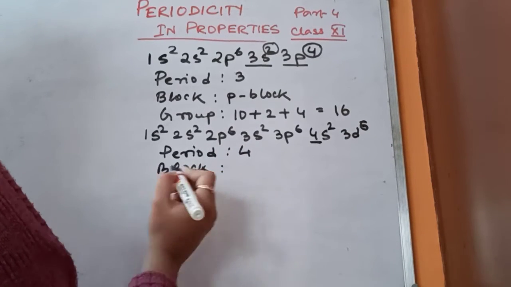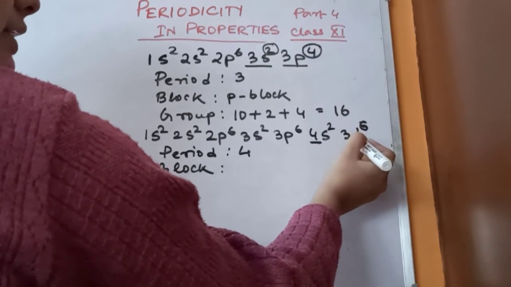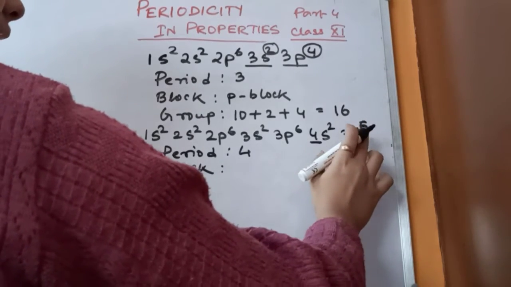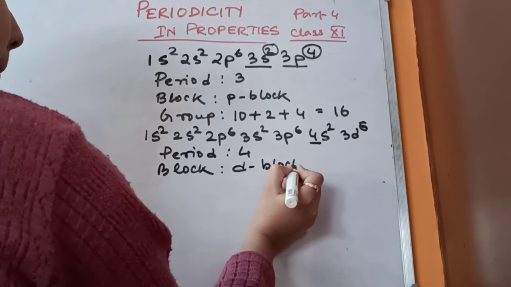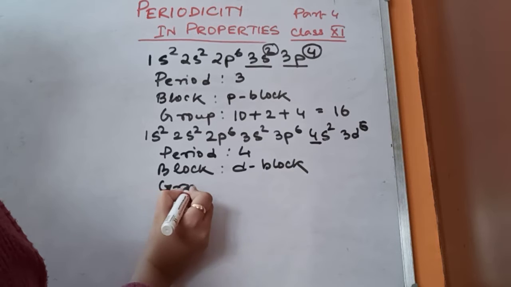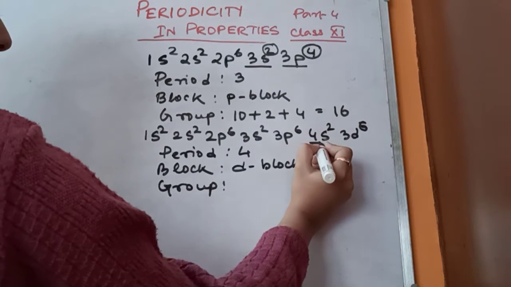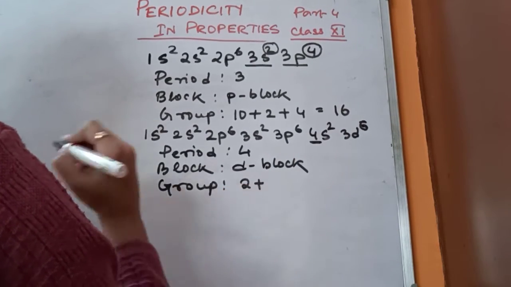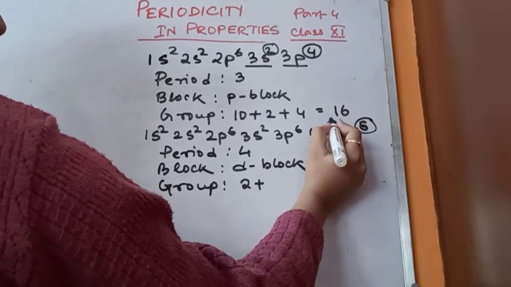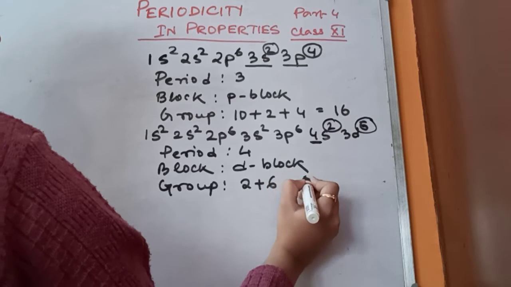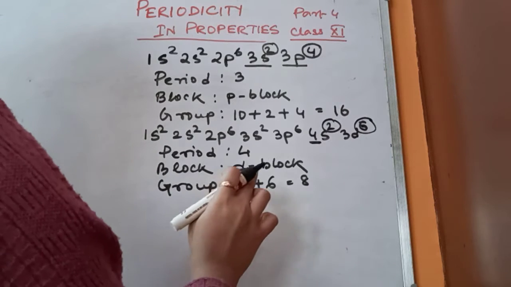For the block, we know that first the 4s orbital is filled and after that the 3d orbital is filled, due to the higher energy of the 3d orbital. So the last electron enters the 3d orbital, so it is d block. For finding the group for d block, the number of ns electrons, which is 2, plus the number of (n minus 1) d electrons, which is 6. So this element belongs to period 4 and group 6.